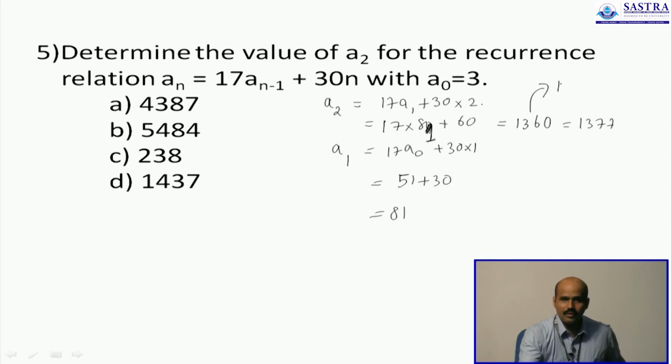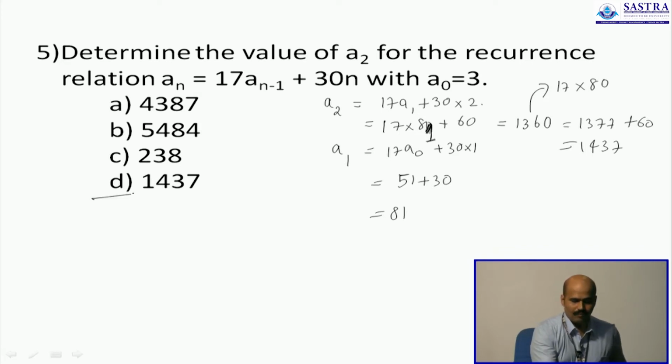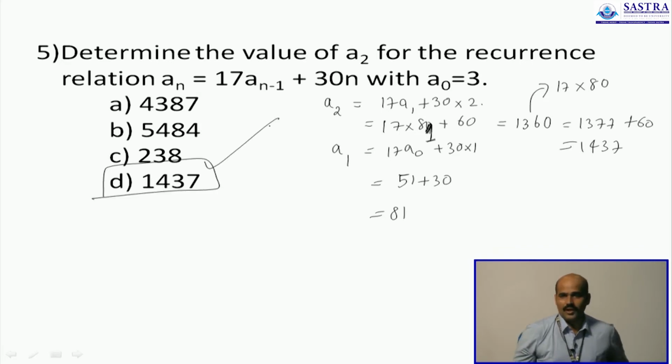So 17 times 81 is 1377. And when you add 60 to it, you will get 1437, and that's what you have. The last option is your A2.